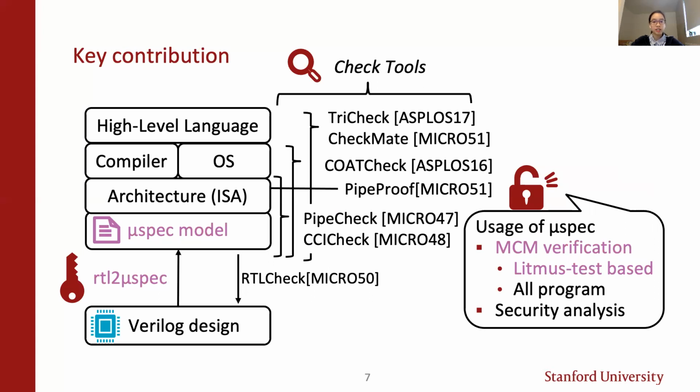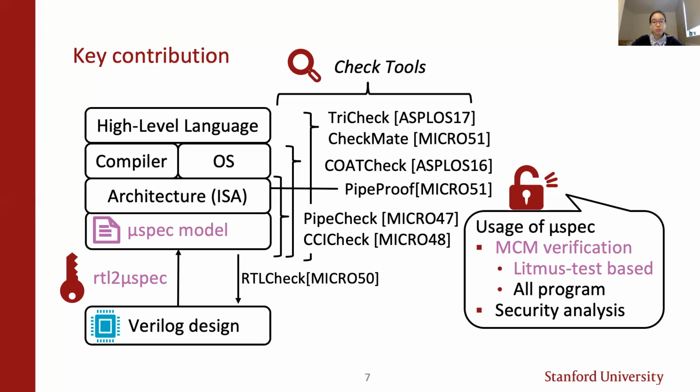In this work, as a first iteration, we demonstrate RTL to μspec supporting litmus test-based verification of hardware MCM implementations with PipeCheck, and therefore RTL to μspec currently synthesizes a restricted μspec model that considers instructions relevant for MCM verification only. We plan to extend its functionality to integrate with other tools in the Check stack that we just mentioned.